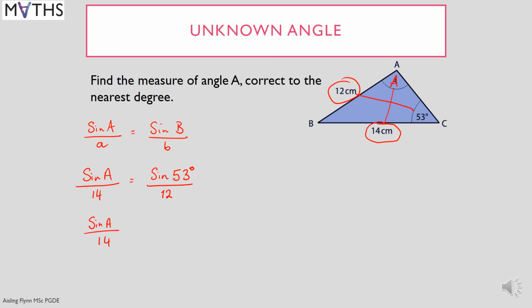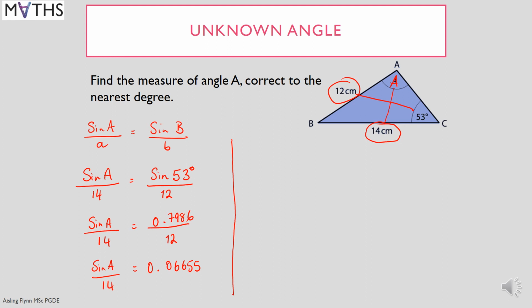We can evaluate the sine of 53 degrees, and I get a value of 0.7986. Next, I'm going to do the division on the right hand side. 0.7986 divided by 12, and we get 0.06655.